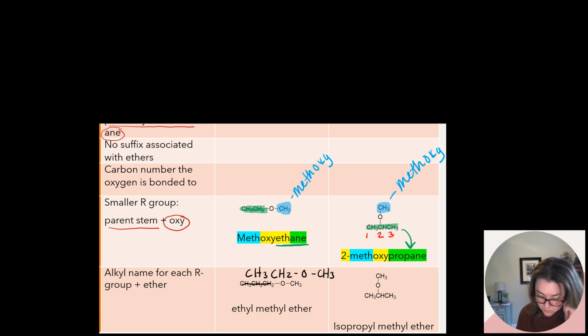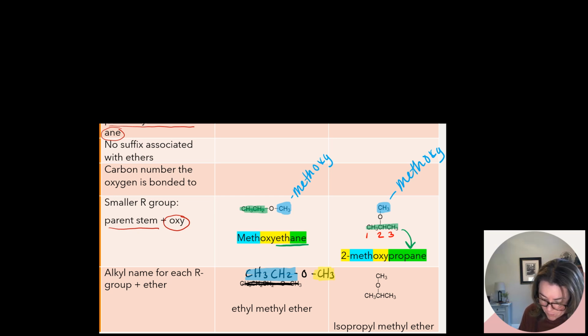Okay, so for this particular compound, and we're going to ignore what was written here, I have my ethyl and I have a methyl. And so this is going to be an ethyl methyl ether.